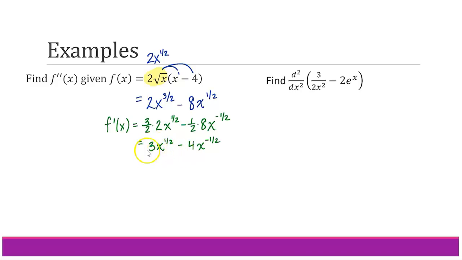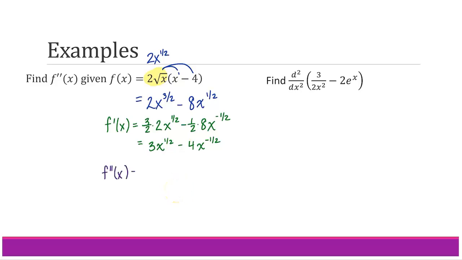Again, this is still equal to the previous line. This is just a simplified version of the first derivative. It is set up perfectly for me to take the second derivative now. I have 2 terms added or subtracted with a variable in the base and a number in the exponent. So I will move on now to finding f double prime of x.